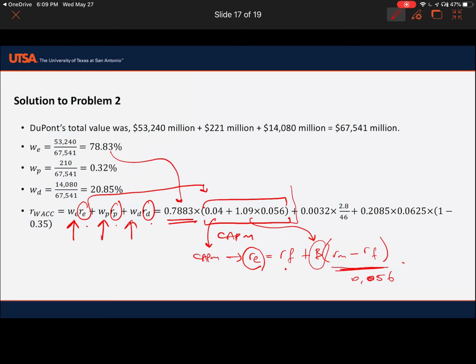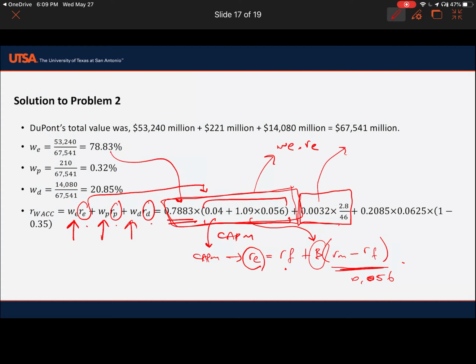This part is the weight, the proportion of equity multiplied by cost of equity. The second part here is preferred equity, the weight of preferred equity multiplied by the cost of preferred equity.